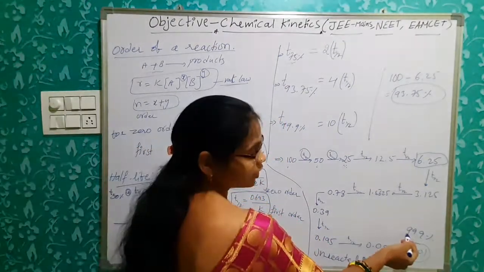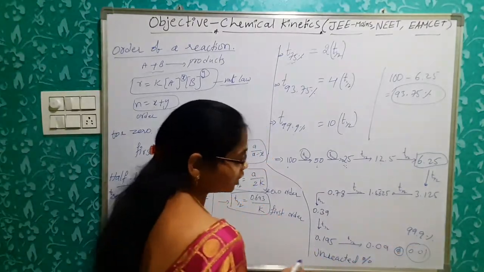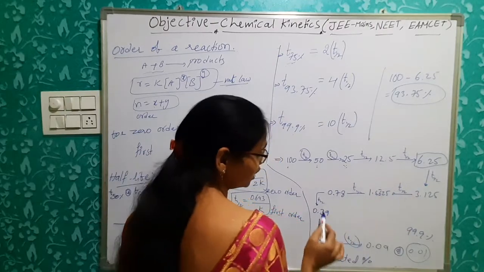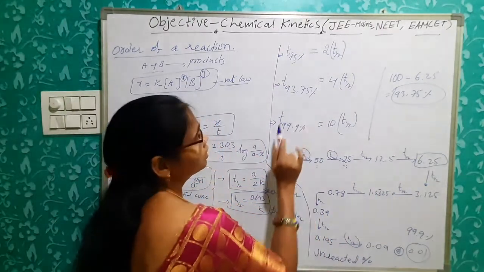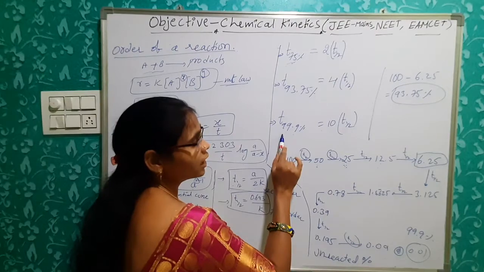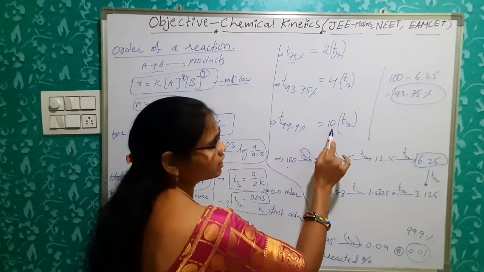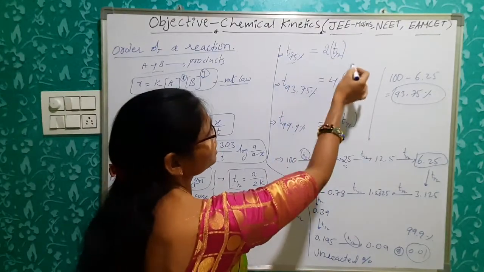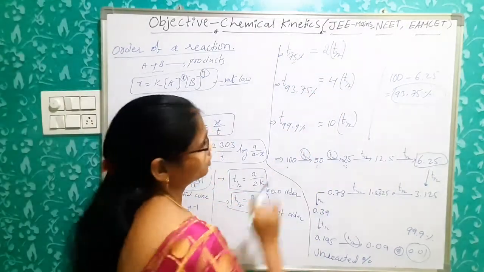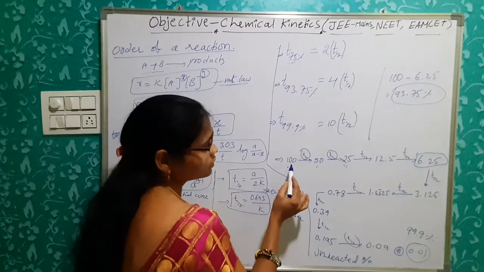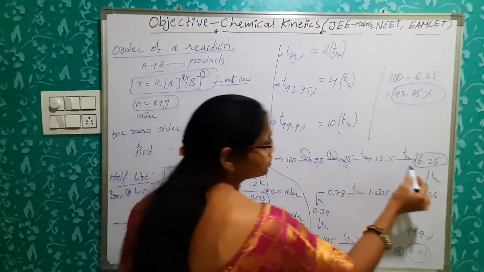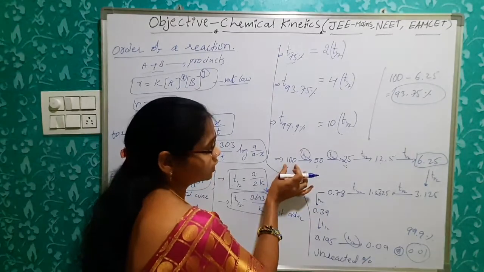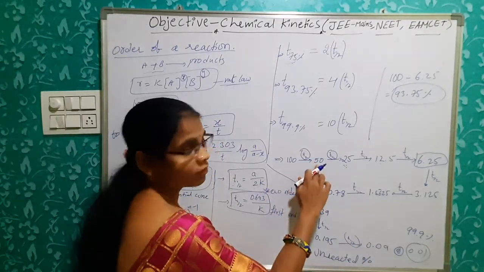So the time required for 99.9% means how many T halves? 1, 2, 3, 4, 5, 6, 7, 8, 9, 10. So the time required for 99.9% reaction is 10 times T half. Just remember these 3 steps. To understand them, 100%: 50% reacted, remaining 50%.